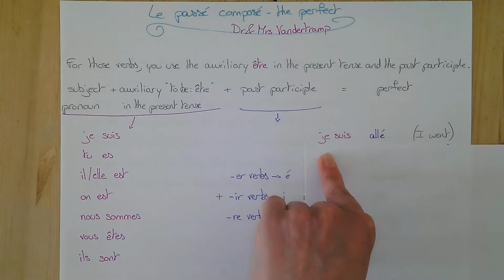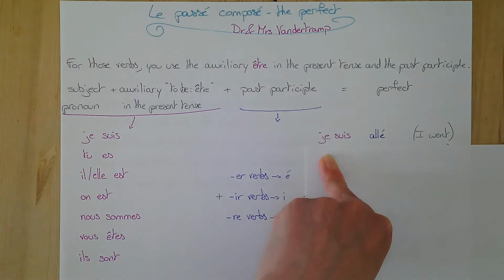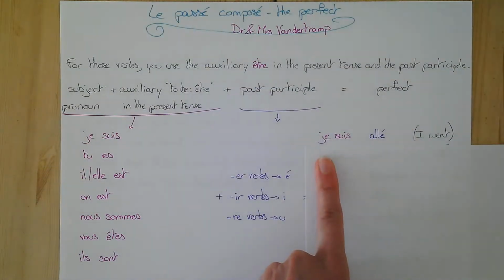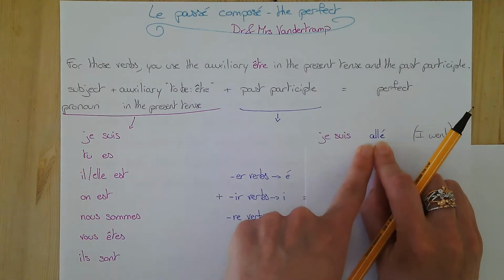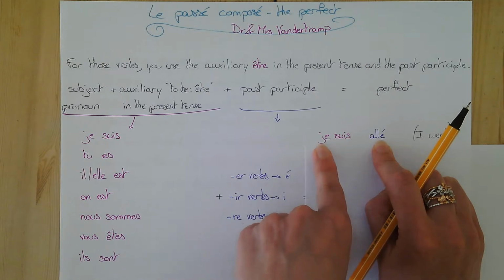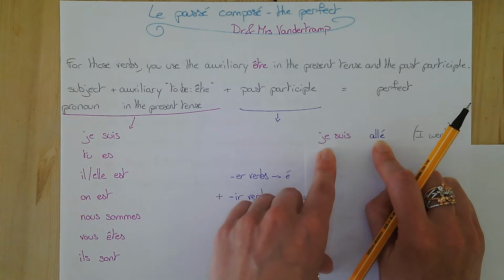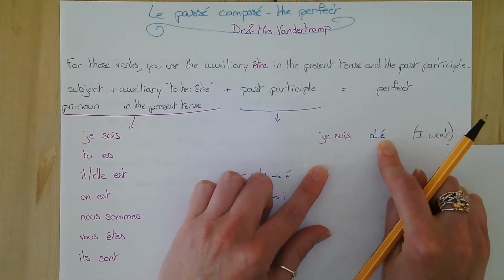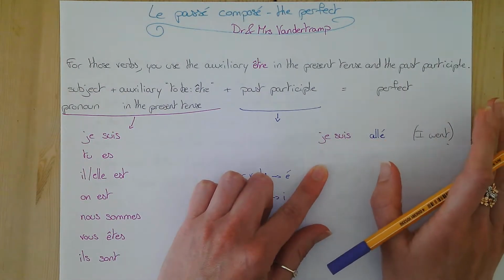The only slightly annoying bit about Vandertramp verbs is that there's one thing that you don't do with the regular pattern. It's that this past participle here needs to agree with the subject pronoun. So if a boy is saying, I went to the cinema, he will write it exactly like that and he will be done.